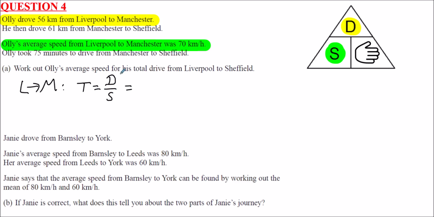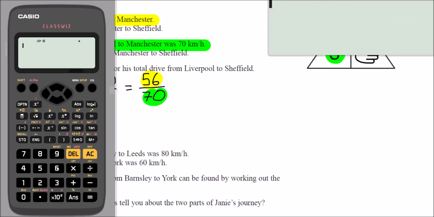So the distance, it took him 56 kilometres, and the speed was 70 kilometres per hour. So 56 divided by 70, this will of course come out in hours. Let's see what that gives us. So that gives 4/5, or 0.8 of an hour.